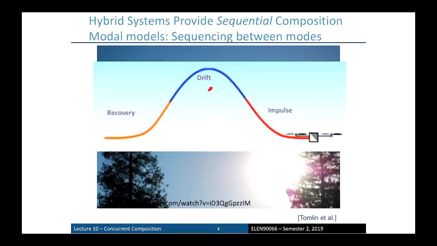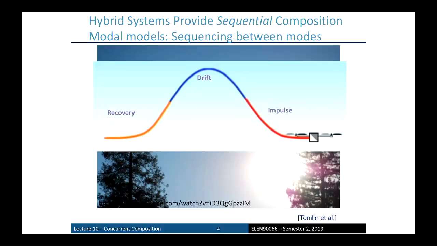Then we allow it to do the drift section where it's sort of under its own power, but we don't want it to smash into the ground, right? We don't want too much power here, because remember, drones, when they're upside down, they create lift. When they're right way up, they create lift, but when they're upside down, they go down. Right? And then we need to perform the recovery, so we need to be able to then change the motor speeds and such in order to get it back upright. So there are actually 3 distinct modes here where the goal is very different.